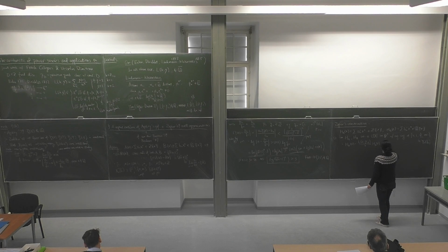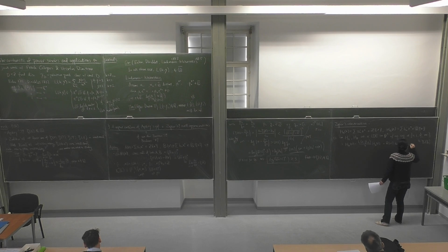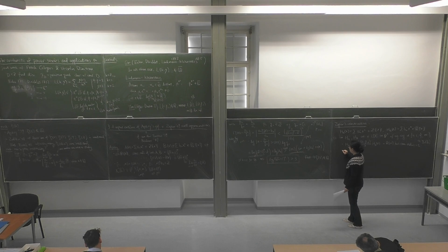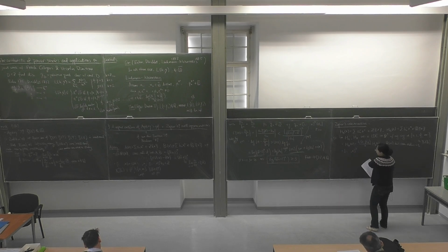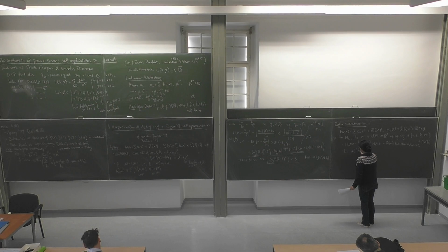So this has convergence radius equal to 1. And then the last property is that the LCM of 1 to n to the power kills the denominator of Bn.